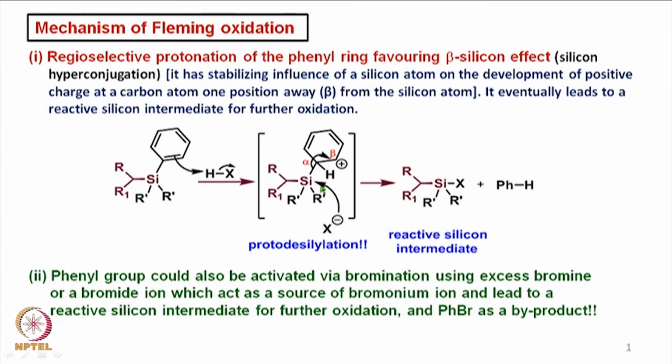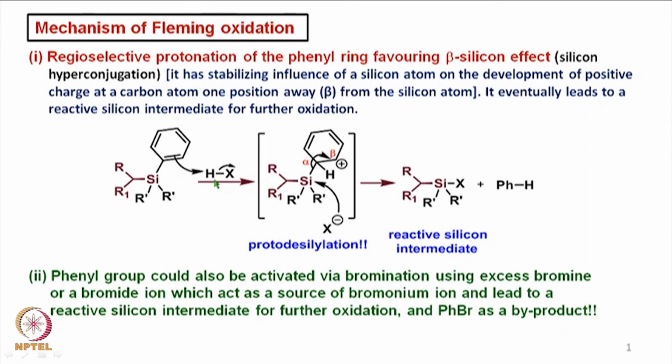That bromide ion then interacts with the silicon, and this carbon silicon bond is broken to regenerate the aromatic system here, like benzene, and in the process we generate the reactive silicon intermediate. So, essentially this is nothing but a regioselective protodesilylation to form a reactive silicon intermediate for further oxidation. This is the basis of the Fleming oxidation.